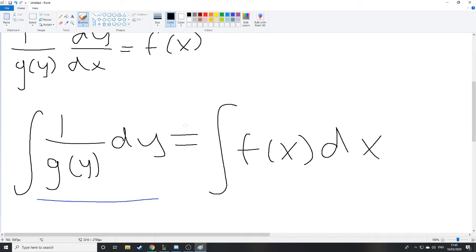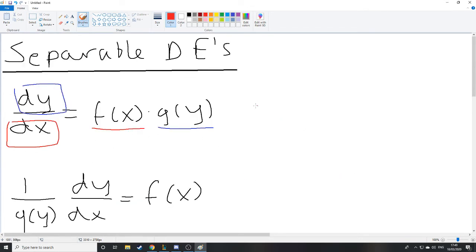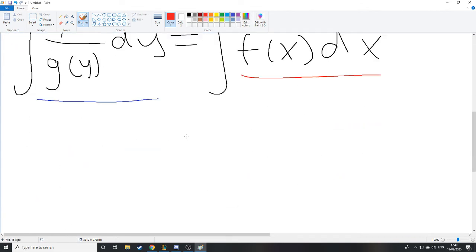So you're going to have to be able to integrate both of these functions if you want to solve it.